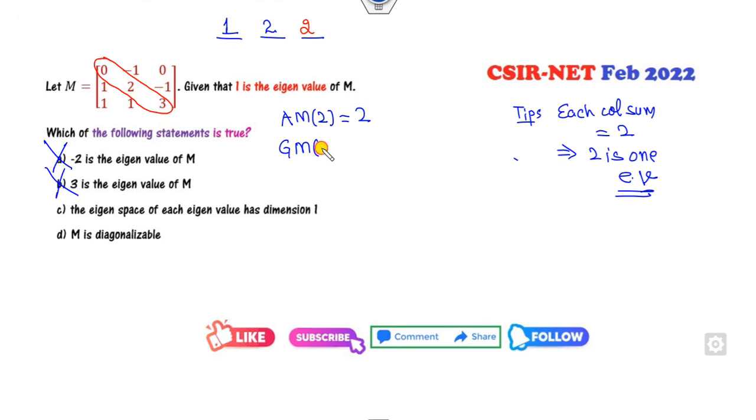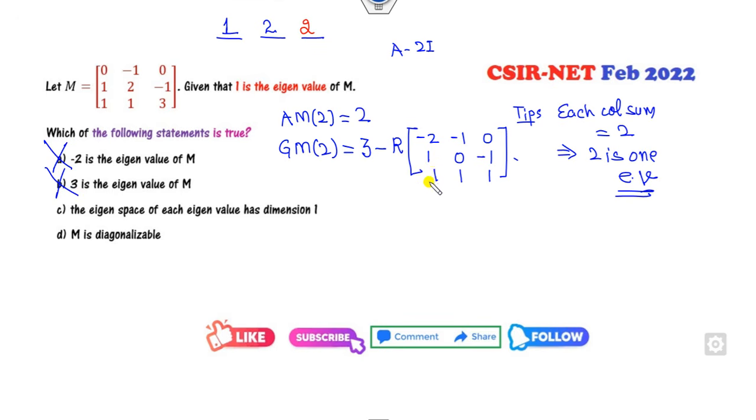What is the geometric multiplicity? It's a 3 cross 3 matrix, so 3 minus the rank of A minus 2I. Can you find A minus 2I? Minus 2, minus 1, 0, 1, 0, minus 1, 1, 1, 1.